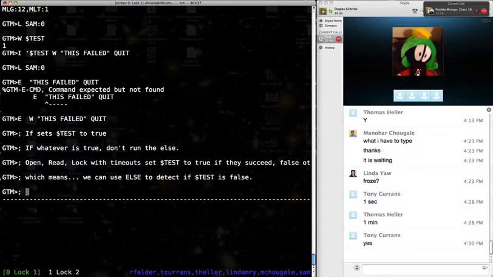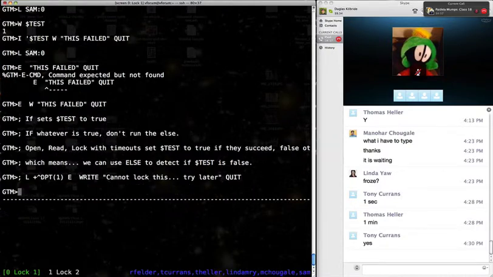So the way it would go is like this: lock plus ^DPT(1), else, write "cannot lock this, try later", quit. And that quits the entire routine and you're done and the user has to try again later.